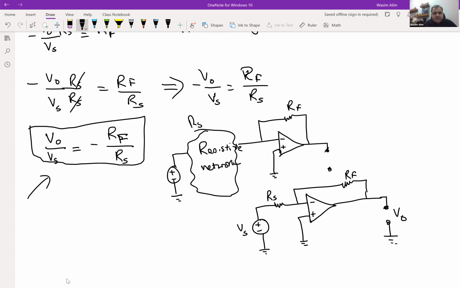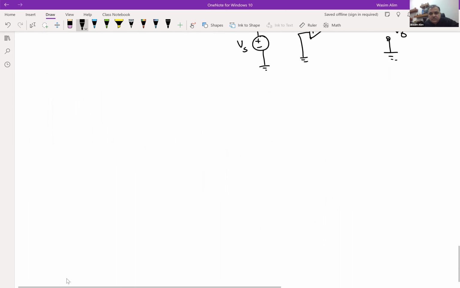Let's look at this example. We have a source voltage connected to some resistive network.